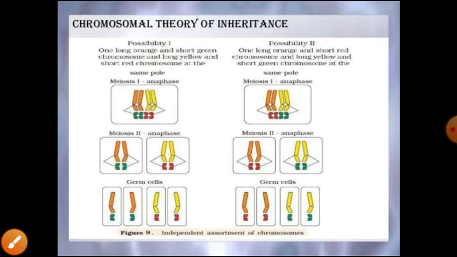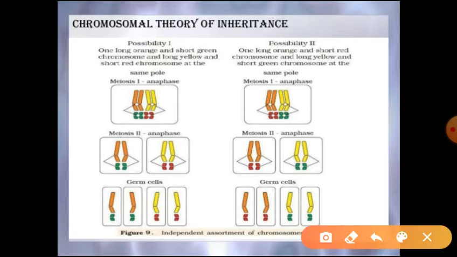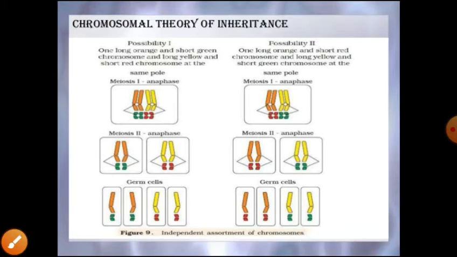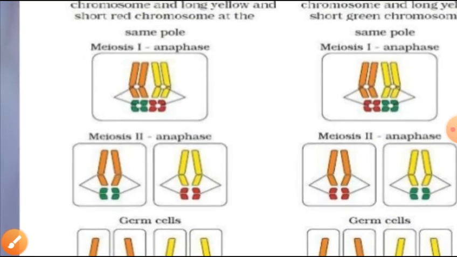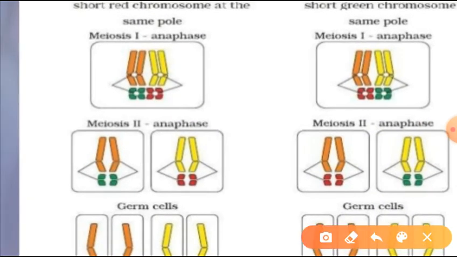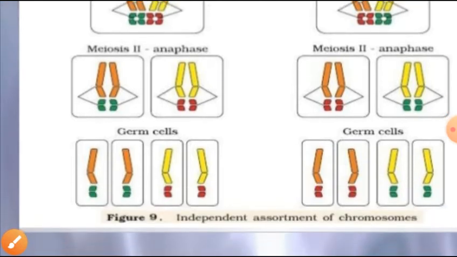Later on, let's take the example to discuss the chromosomal theory of inheritance. Here four pairs of genes are taken into consideration, and one gene is indicated as orange, one as yellow, one as green, and one as red. In first probability, when meiosis first occurs, the homologous chromosomes get separated.